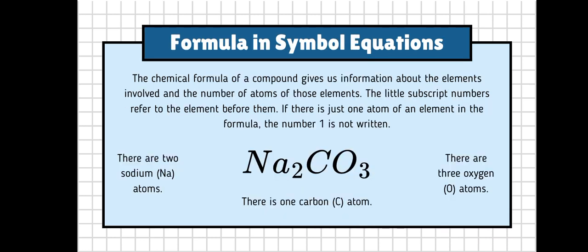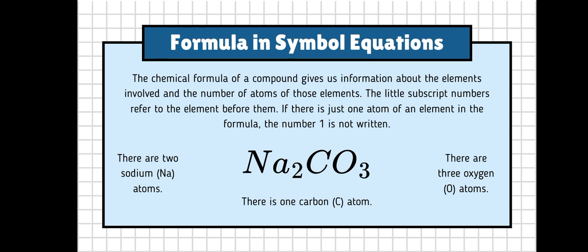Now students, what is the formula in a symbol equation? The chemical formula of a compound is very informative because it gives us information about the elements involved and the number of atoms of each element. It uses subscript numbers that refer to the element before them, and if there is just one atom of an element in the formula, the number 1 is not written.